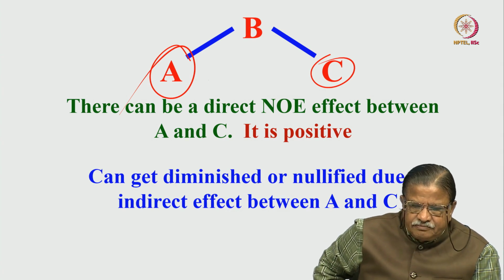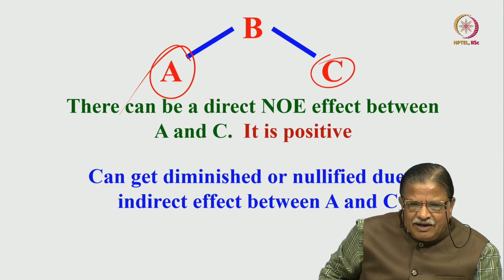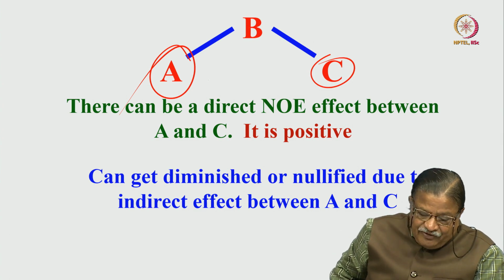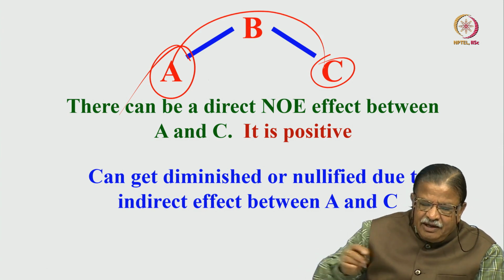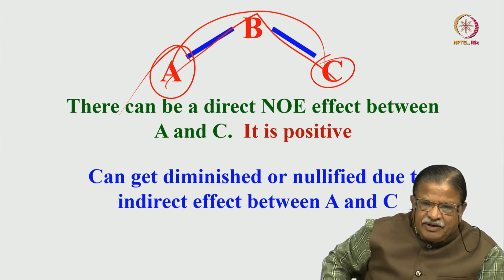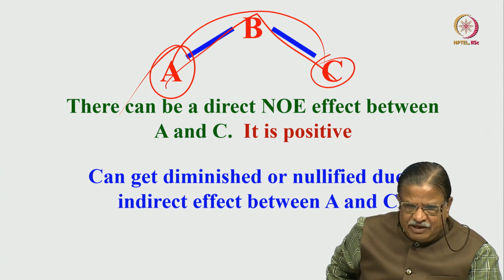That is positive. But what will happen? Because this can get nullified due to indirect effect between A and C. A to B, B to C will be there. There can be direct NOE between A and C, that is positive, we should expect.